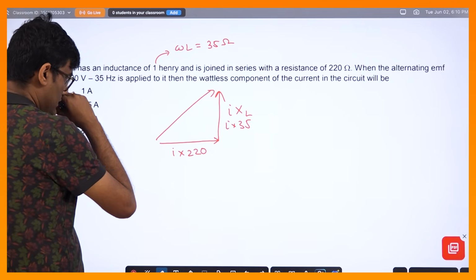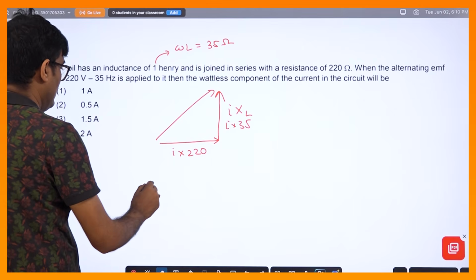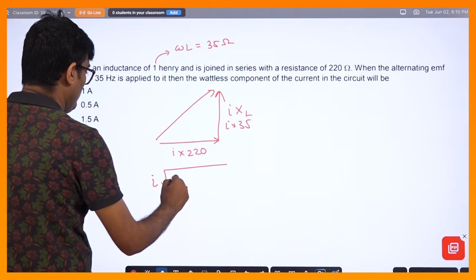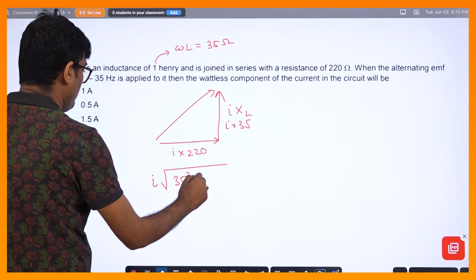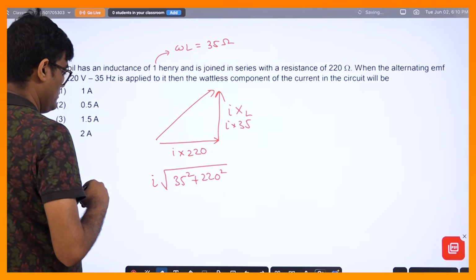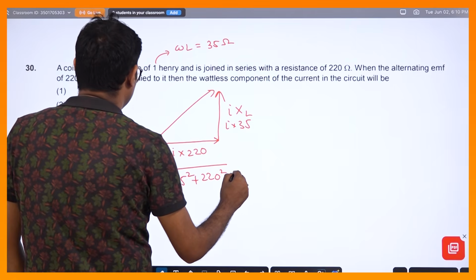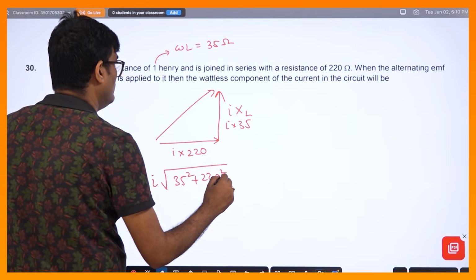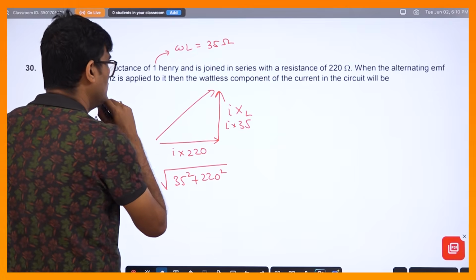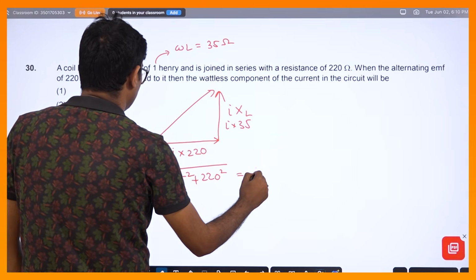So 35 and 220, I times root over 35 square plus 220 square is equal to 220.